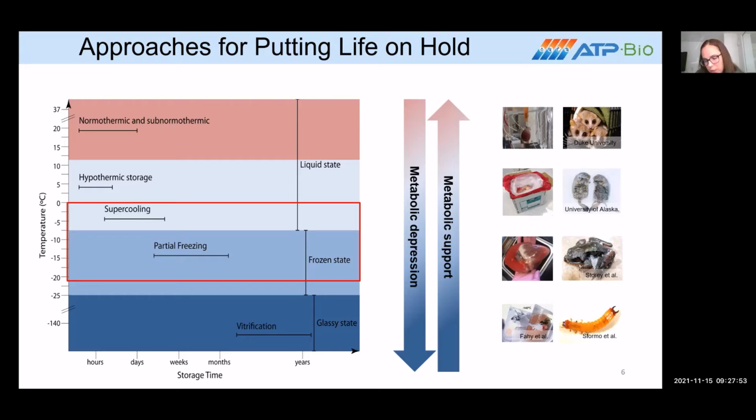These ones actually aim to have metabolic support. So in other words, these are typically active preservation modalities. They're typically matched with machine perfusion technology as a means to deliver nutrients and oxygen to the organ, and sort of mimic the blood in a sense to keep the organ alive during transport and during preservation.